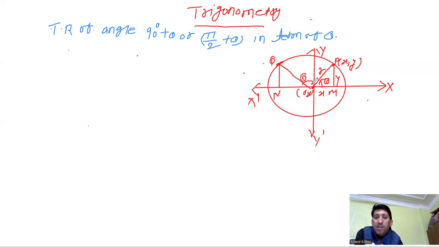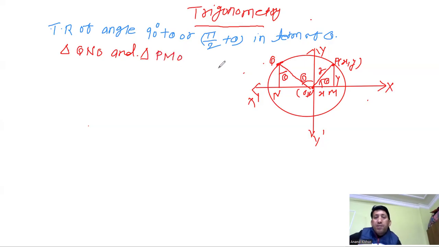So this line is parallel, and this is a transversal. So this angle and this angle are alternate interior angles. So this angle is always theta. This is Q, this is theta. Two triangles are congruent, this triangle and this triangle. So we are taking triangle QNO and triangle PMO.